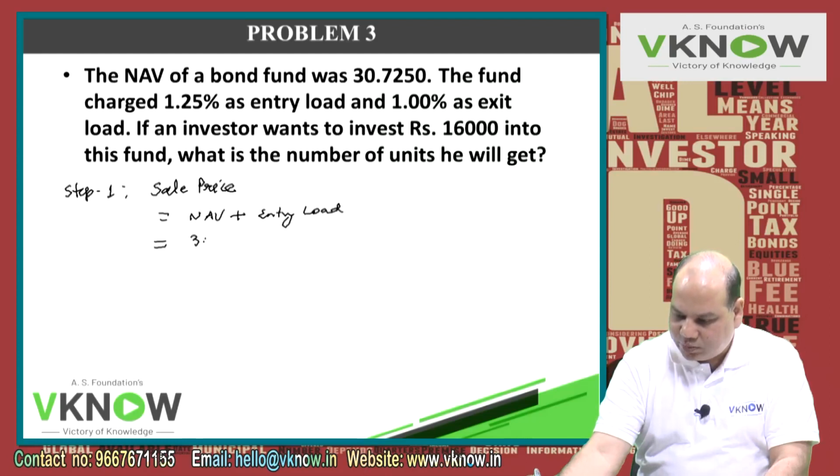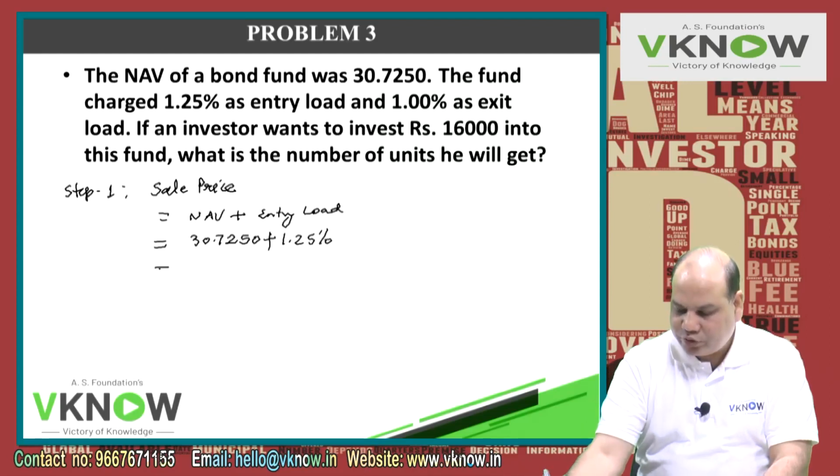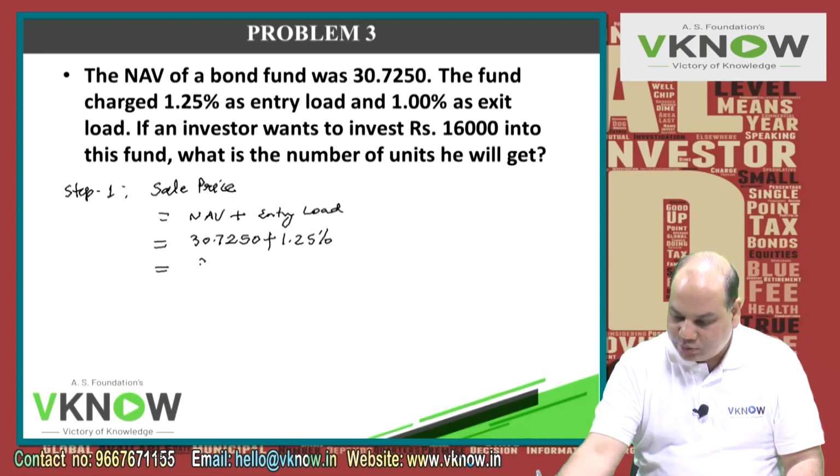NAV is 30.7250 and entry load is 1.25%. So check the answer. 30.7250 plus 1.25%. So are you getting 31.1091 rupees?